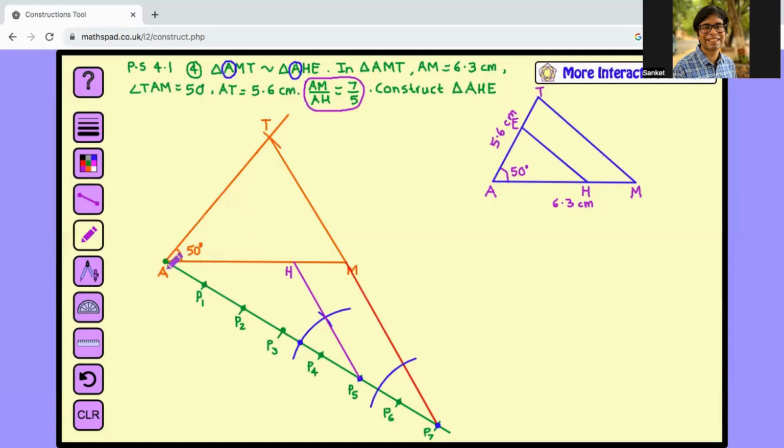So I already had point A, now I've located point H. Now I need to locate point E. To locate point E, I need to do the same thing over here. Draw a line parallel to TM over here. So let's do that.